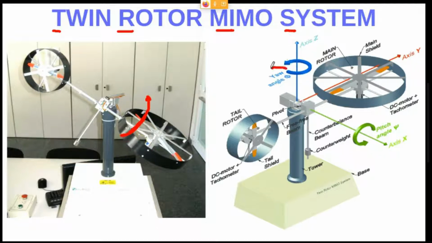So this will be the yaw angle around this Z-axis. And on the other hand, we have the second output, that will be the pitch angle, because this rotor in here will cause the movement in this way, around this X-axis.